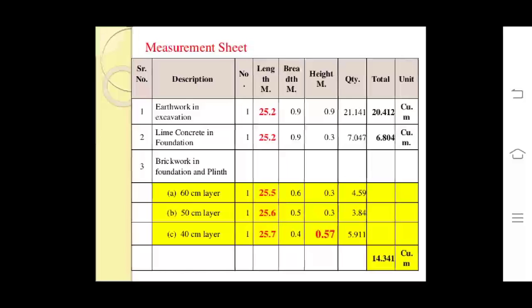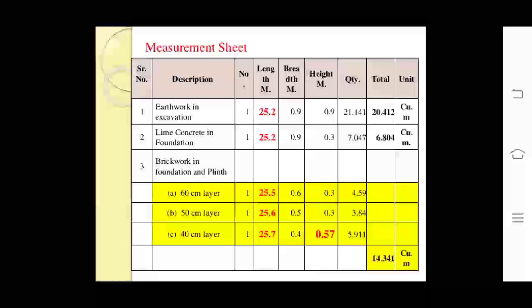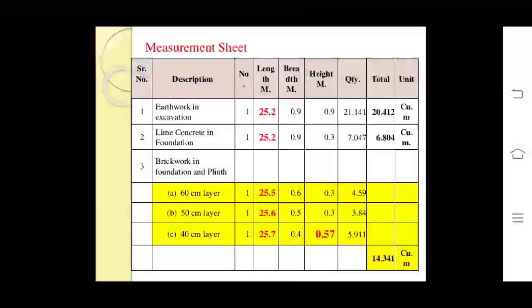Now entering all these calculations in the measurement sheet. The first description of item is earthwork in excavation. By adding all this length, breadth and height of the item in the measurement sheet, we will put the quantities and total quantities in the chart in tabular form.